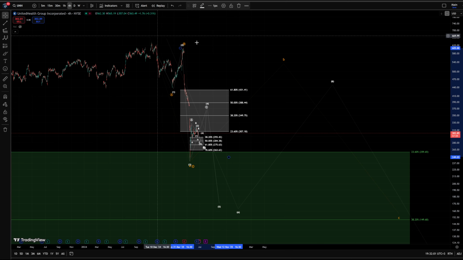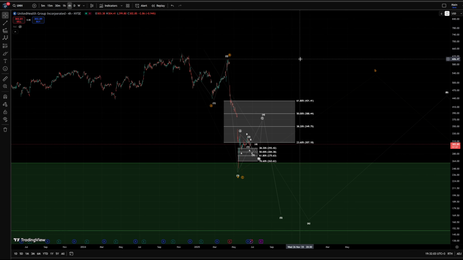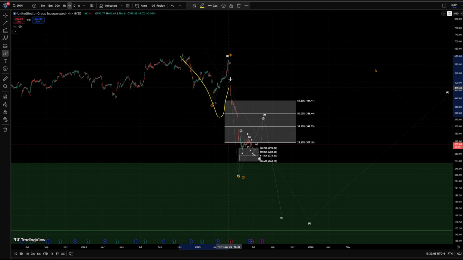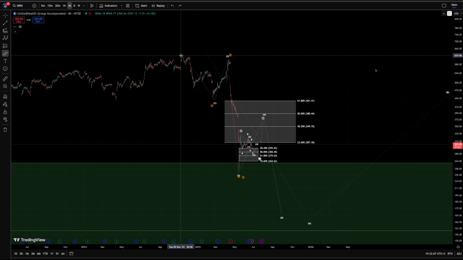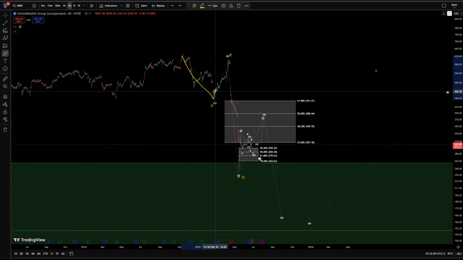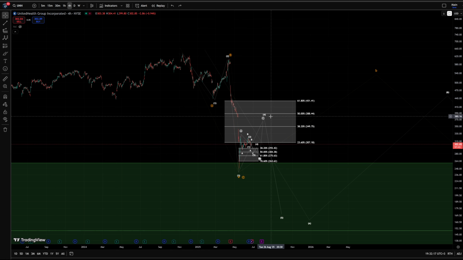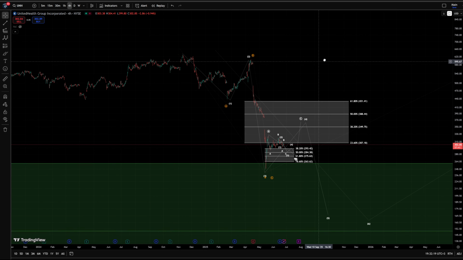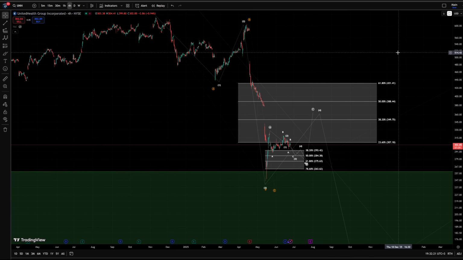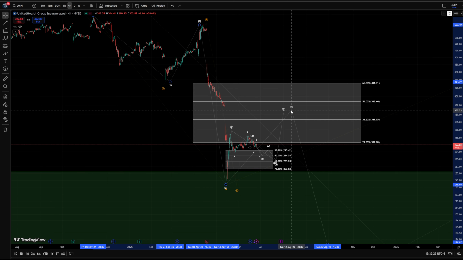And that takes us to the white scenario, where instead of having an A, B, C here, we finished a wave 1, a wave 2 up, and a wave 3 down, with the fourth wave possibly being finished here, but I find it more likely, and I am still tracking, that this fourth wave is not yet finished.